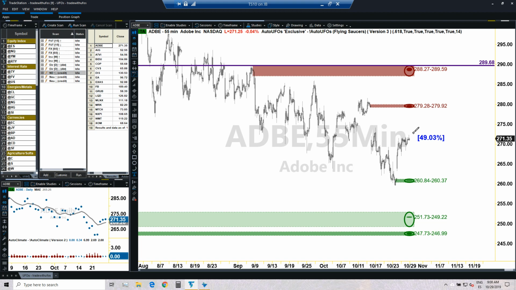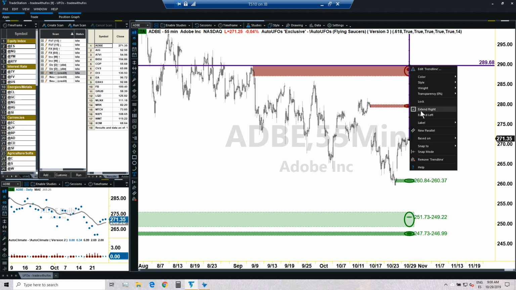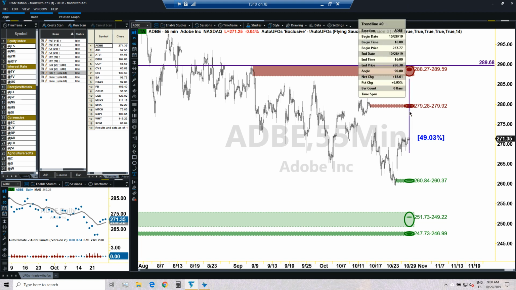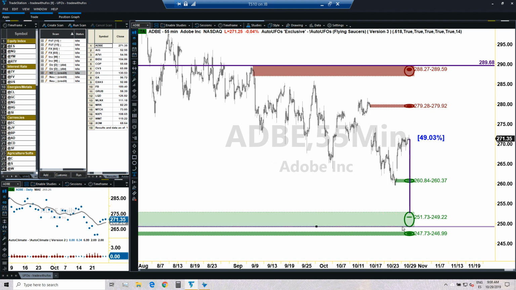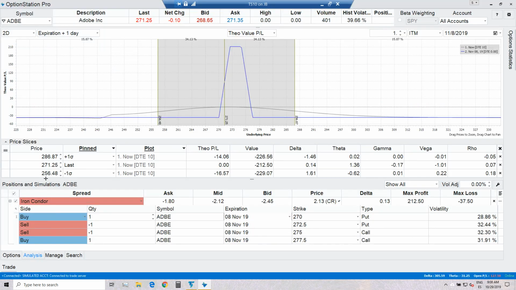Now what we're going to do as well is take the current price and calculate the vertical distance from the current price to that purple line and project it below to see how far we go. If we project it below, it looks like the UFO to be used would be that UFO here around 249. Now, the question again, back to probabilities, is 249 beyond 256? And the answer is yes. 249 is indeed beyond 256.